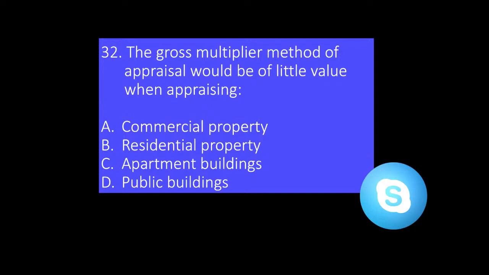So if public buildings, you're thinking from the state itself, whether the state wants to invest to buy the property, then they use the multiplier factor, then it still works as a rental income. The only thing is B, residential property; unless the residential property has multiple units, you can use the multiplier method. I'm thinking too hard, I think.